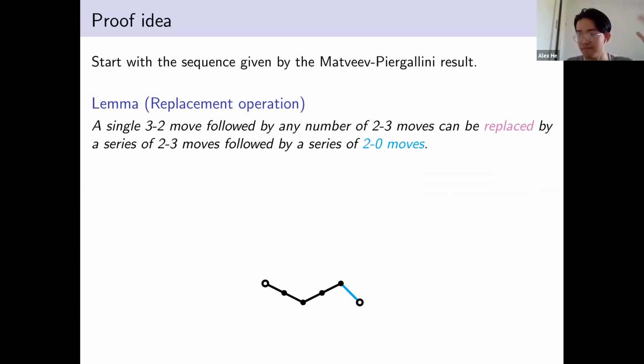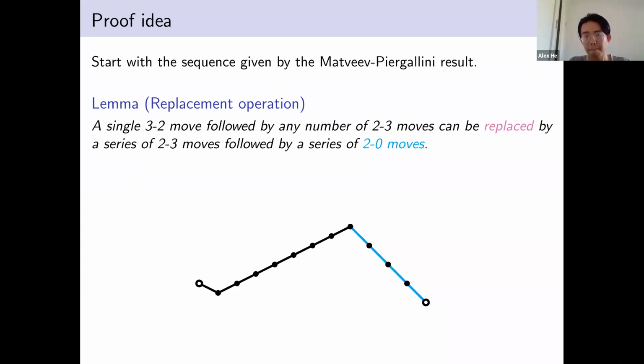We just saw this a couple of slides ago. What I'm saying is you can prove something much more general: if you have a single 3-2 move followed by any number of 2-3 moves, so this could be one 2-3 move, or two or three, or however many you want, then you can replace that by a sequence of 2-3 moves followed by some sequence of 2-0 moves.